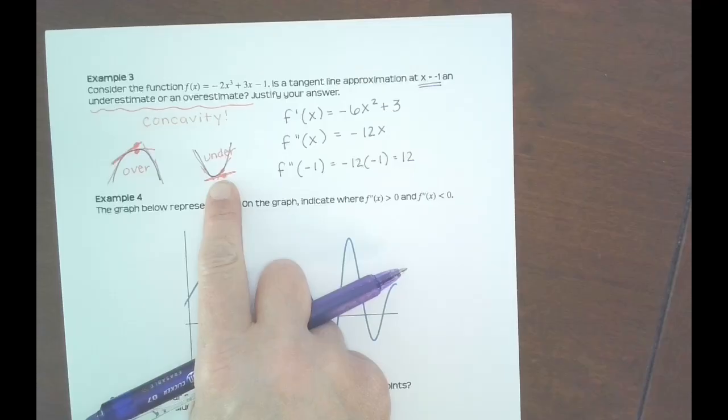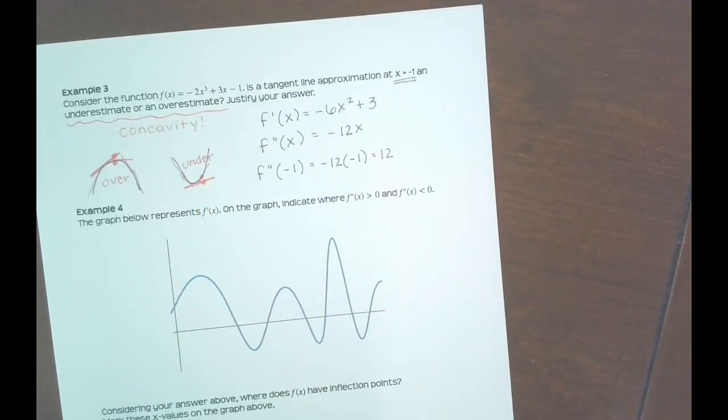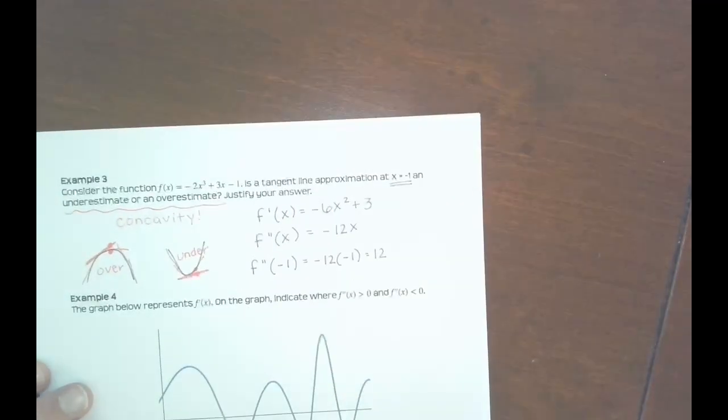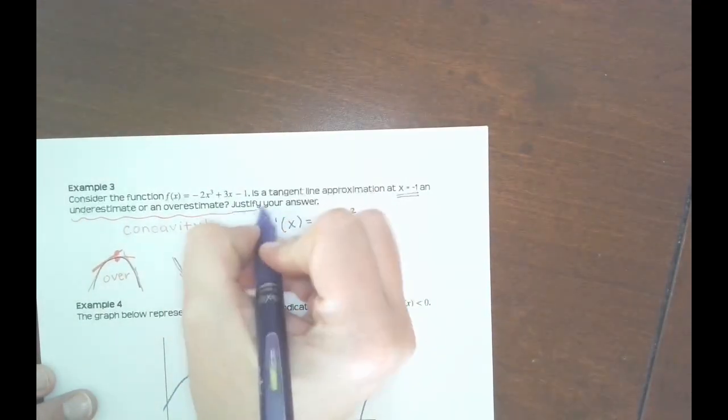be an underestimate. Okay? So let's see, I wrote probably too big here, but maybe I'll write up here what my answer would look like as far as my justification goes.